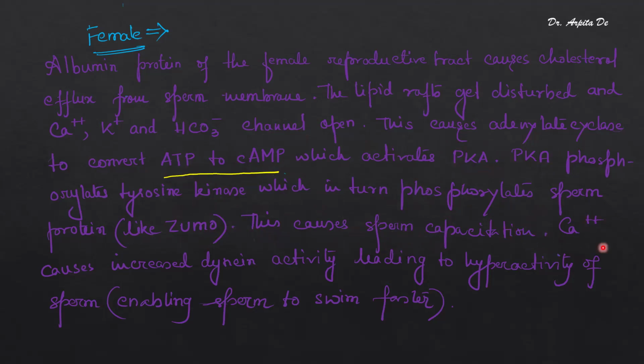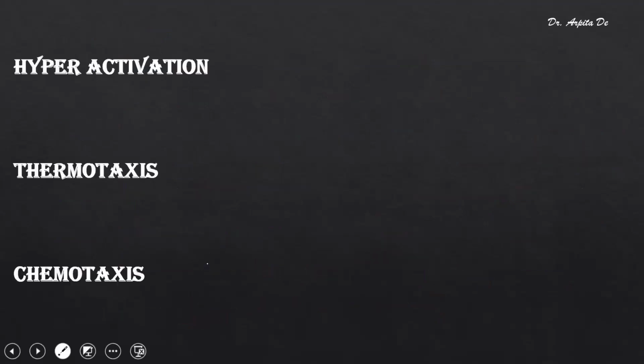Now see how important calcium is. Calcium causes increased dynein activity, leading to hyperactivity of sperm, enabling the sperm to swim faster. Now we'll come across three important terms: hyperactivation, thermotaxis, and chemotaxis.